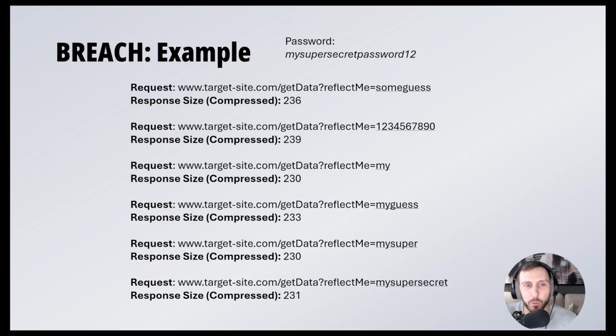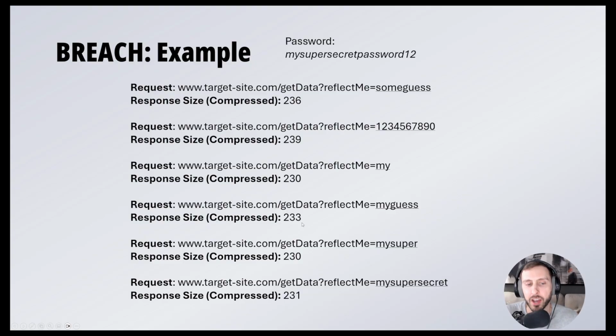And now, remembering what our password is, my super secret password 12, we'll look at a few different guess attacks by the attacker. So they try "some guess", okay, 236. And then they try guessing 1, 2, 3, 4, 5, 6, 7, 8, 9, 0. And they get 239 bytes. Okay. They try guessing "my". They get 230 bytes. And then they try guessing "my guess", and they get 233 bytes.